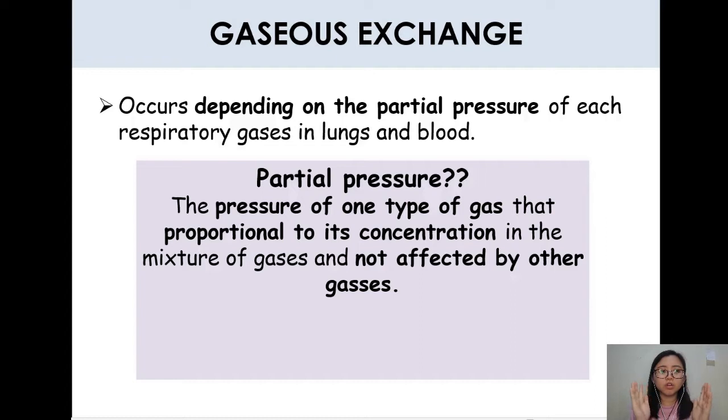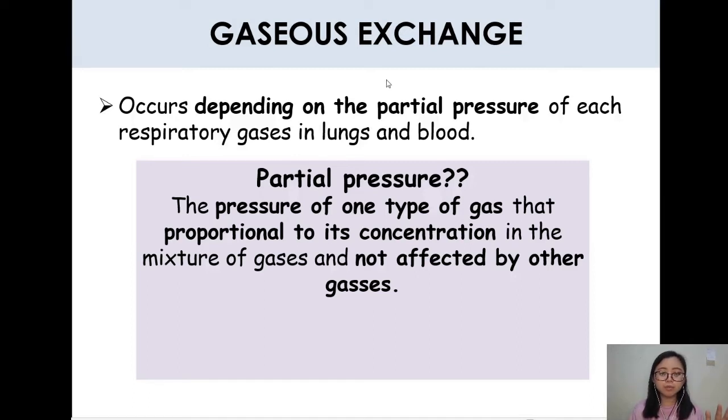So, contoh kalau kita cakap pasal oxygen, bila concentration oxygen tinggi, banyak molekul oxygen dalam ruang tu, tekanan yang molekul oxygen atau gas itu akan keluarkan, the pressure that it will exert to its environment is the partial pressure. And it depends on the concentration of that gas.